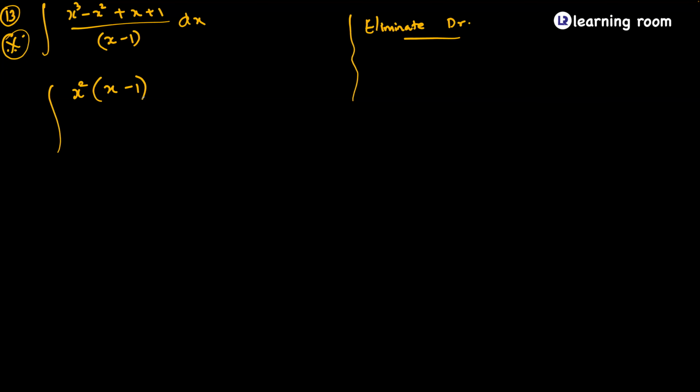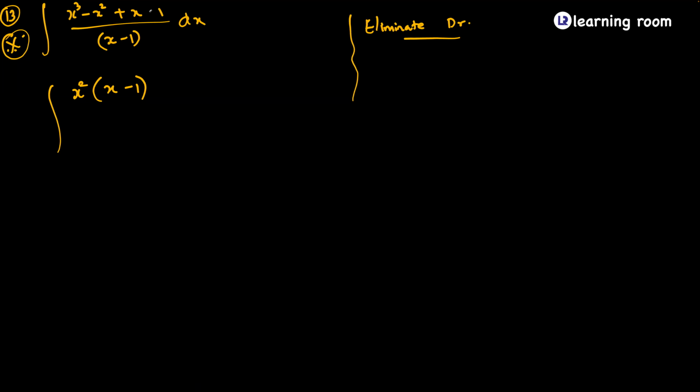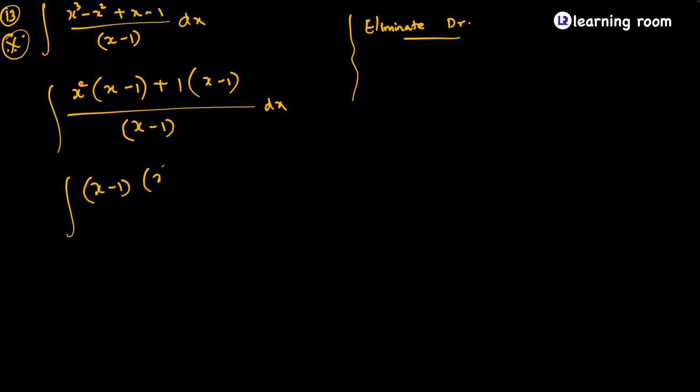Is it plus x plus 1 or plus x minus 1? So it is plus x minus 1. Plus 1 into x minus 1, the whole divided by x minus 1 times dx. Makes sense? So what will happen here is, it will be x minus 1 into x square plus 1, the whole divided by x minus 1 times dx.